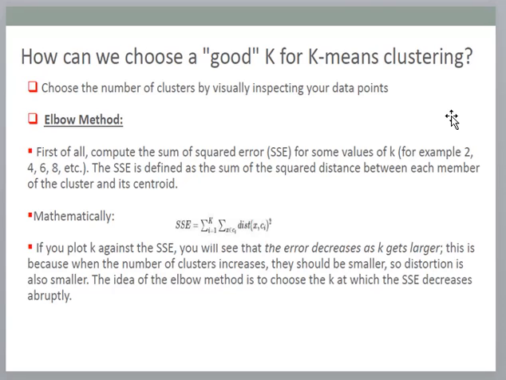But in most problems, we need some criteria through which we can select the value of k. There are 2-3 methods, and out of these, the elbow method is the one used most frequently in order to determine the value of k. Let's discuss what the elbow method is, which we can use in order to select the value of k.